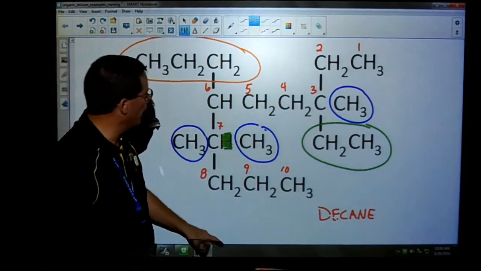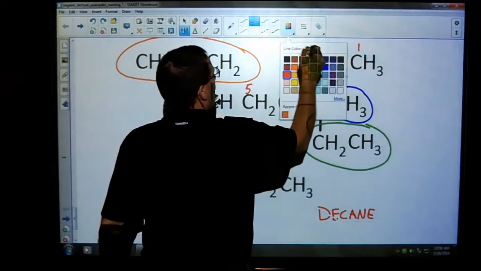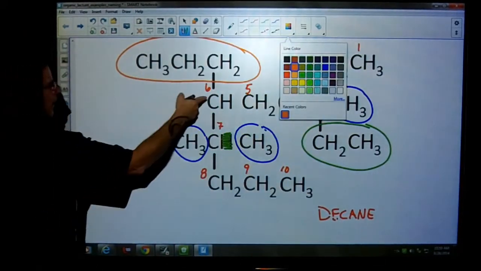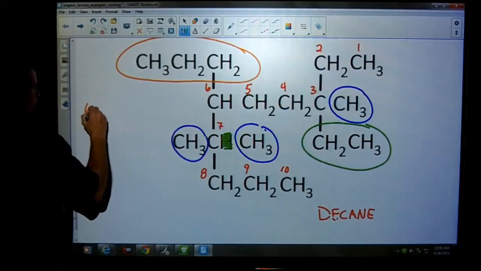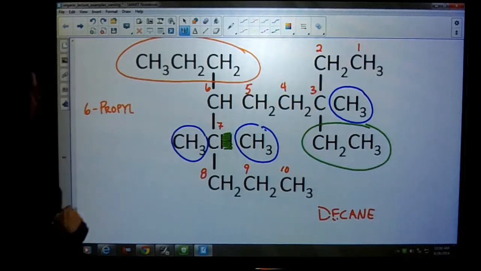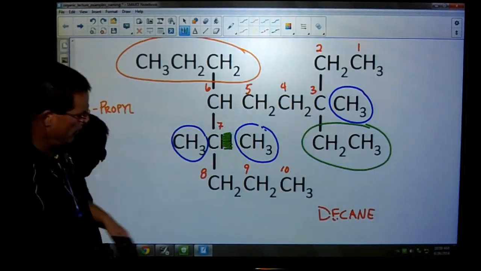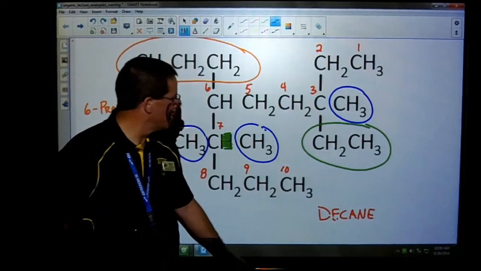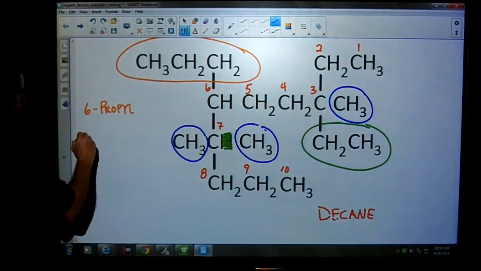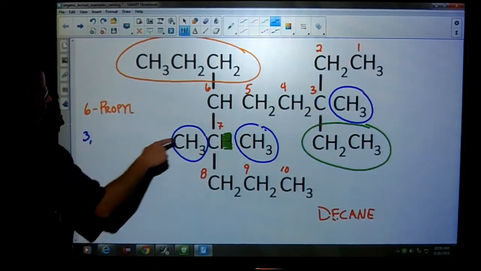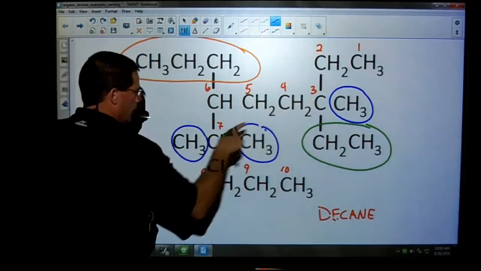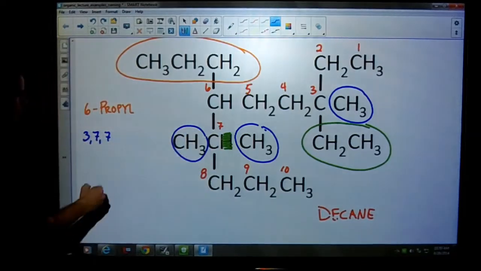So let's go ahead and get that color back. Okay, so I've got a propyl on the 6, a propyl group on the 6. I have 3 methyls, so I have a 3, a 7, and a 7. So a 3, a 7, and a 7 on the methyls.